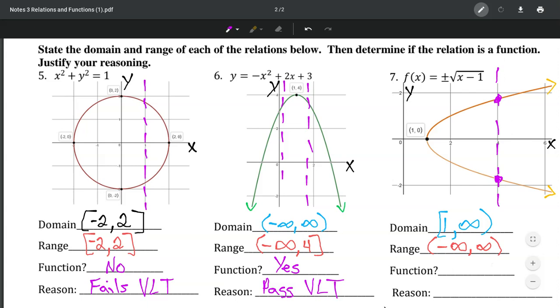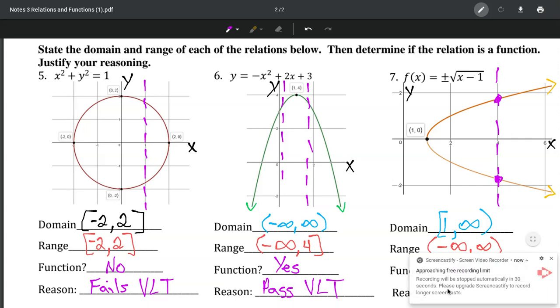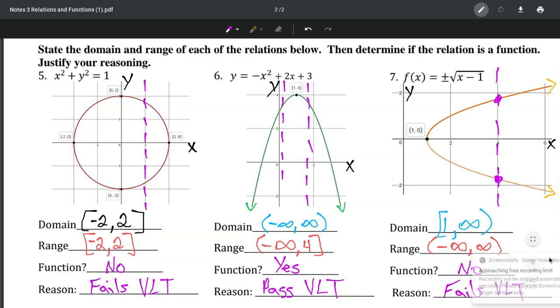So we're going to say no, this parabola does not represent a function. And the reason is that it fails the vertical line test, which again we can represent by just putting fails VLT. Sorry, this won't go away. It fails the vertical line test, so fails the VLT.